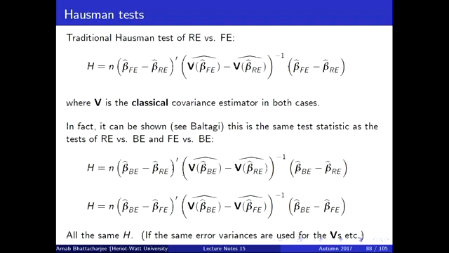So this is the difference, right? This is the variance covariance matrix of that difference, right? And this is just completing the distance and suitably scaled, so that is n, okay?